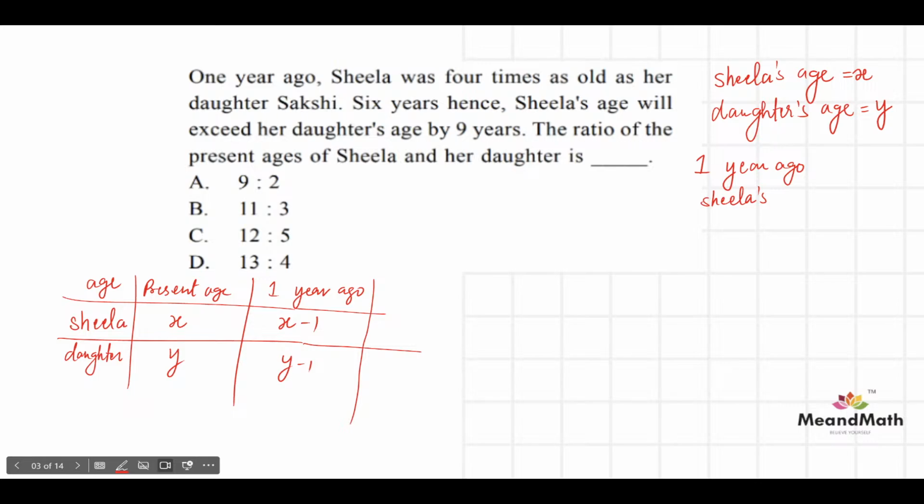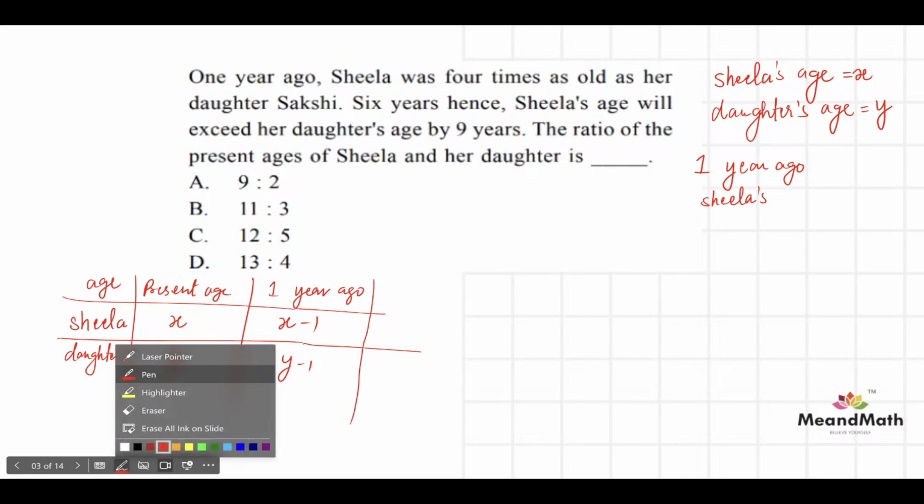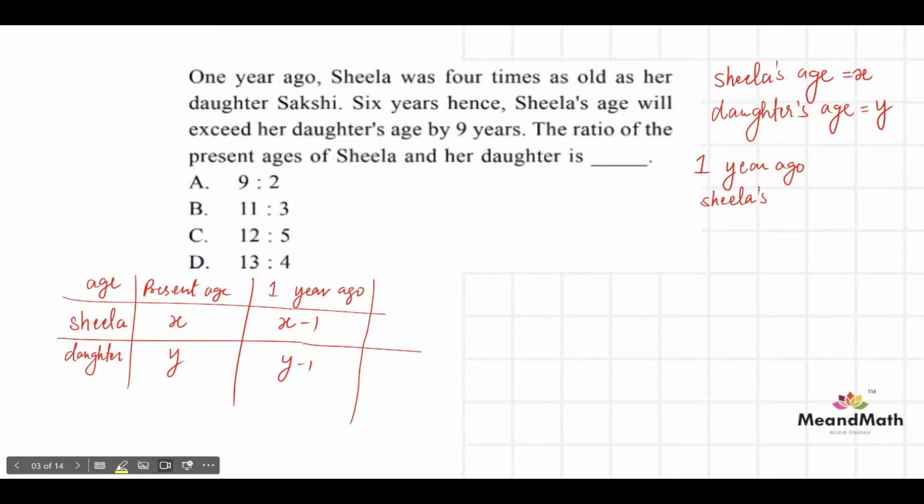Now they are giving some relationship between their ages. Sheila was 4 times as old as her daughter Sakshi.